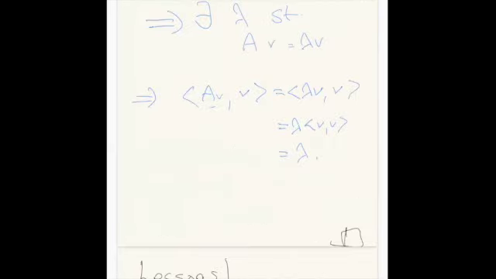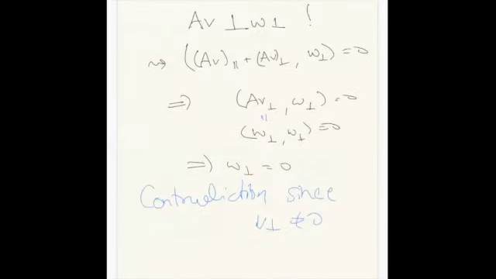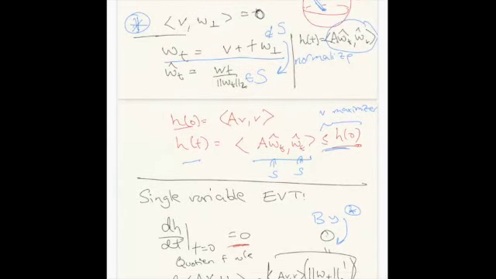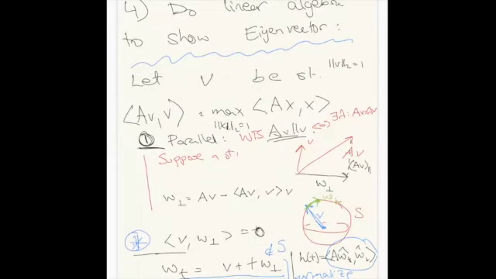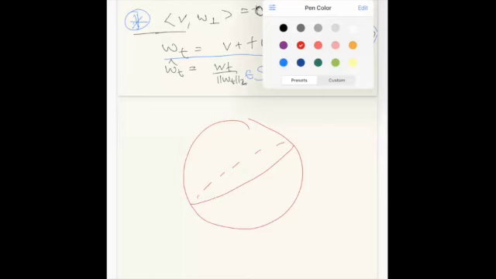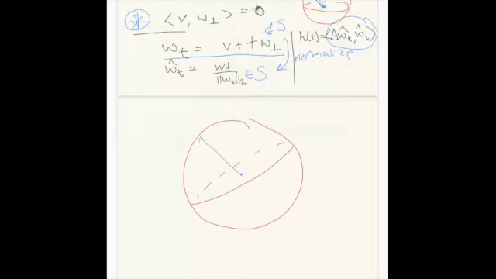Yes. So there's a question in the chat about what HT is. So I'll expand that a little bit. First, graphically, let's draw it a little bit more carefully. So we have our sphere. We have our V, which is the maximizer of the function.